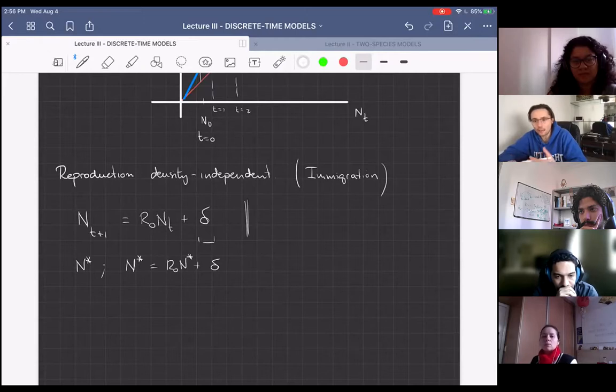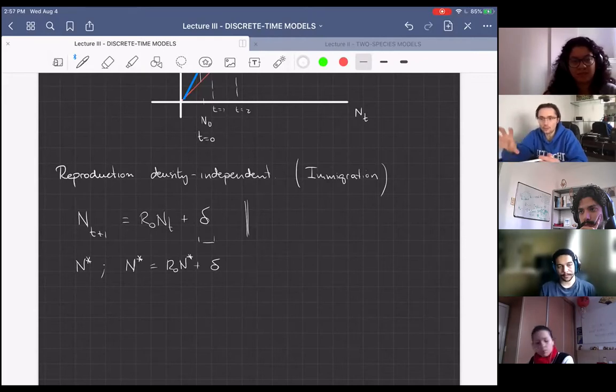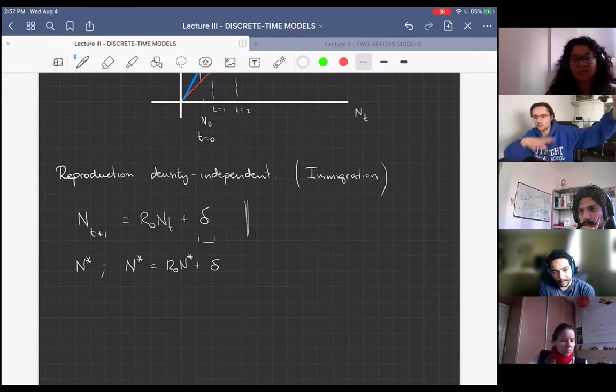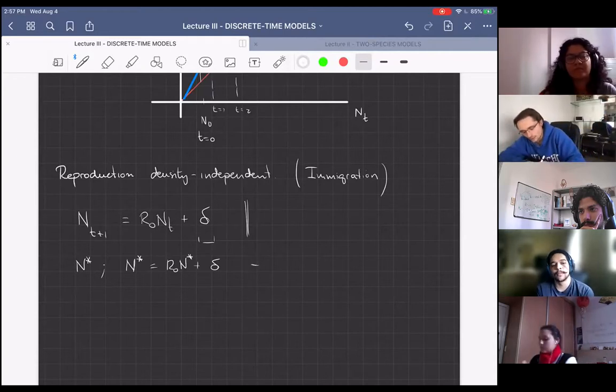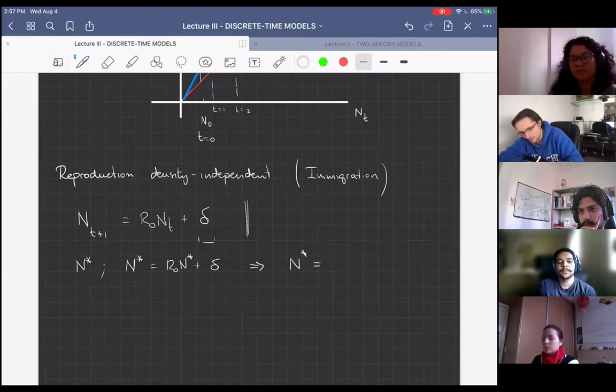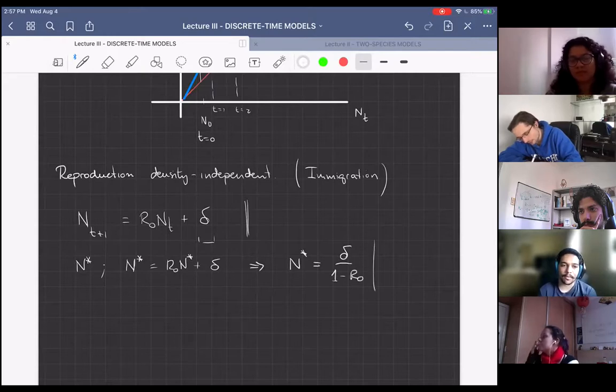Right? At some point, I have a map, I have an iteration, and if I want to calculate when that iteration is going to stop, I have to get a point where the next generation is going to be given by the previous one, basically. This, luckily for us, is still solvable, and I can get this solution.